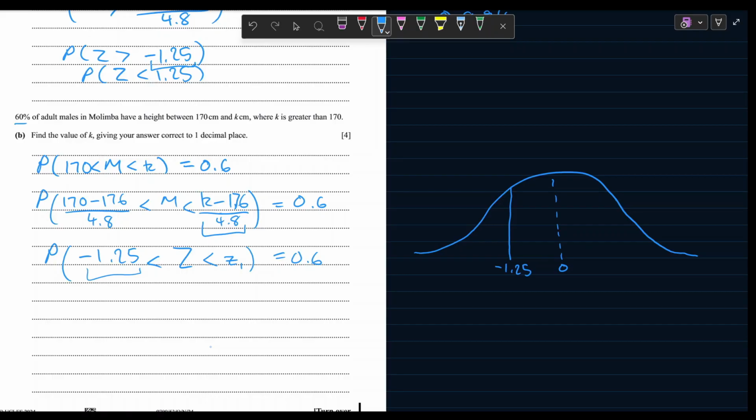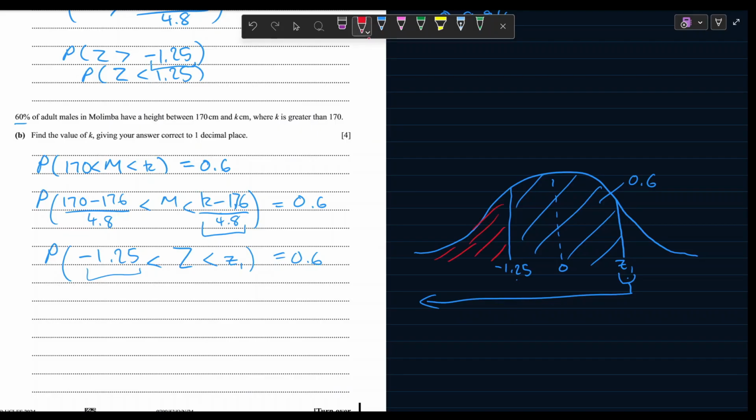So this means that our Z1 is going to be somewhere here, such that this area here is equal to 0.6. So if we want to find Z1, we just need to know what the area to the left of Z1 is. We already know that from Z1 to negative 1.25, it's 0.6. What about this distance that is less than negative 1.25?